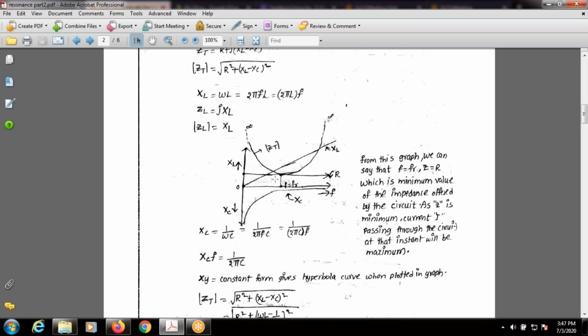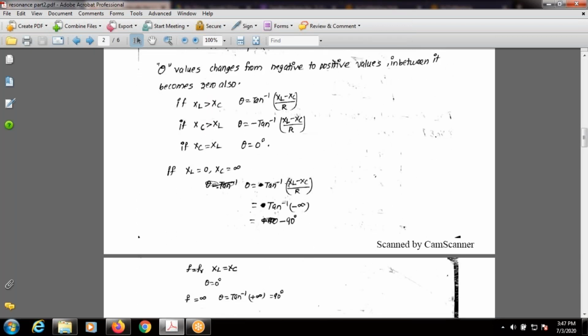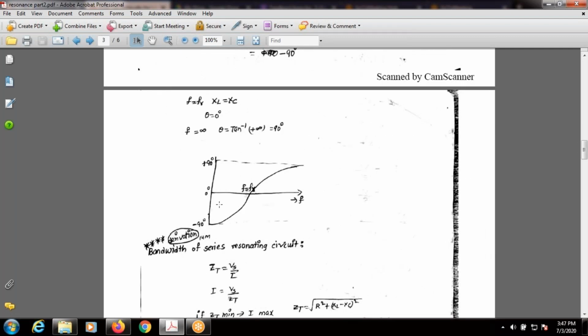Below the resonant frequency and above the resonant frequency, it is maximum. Only at the resonant frequency is the total impedance in the circuit minimum, which is equivalent to R.